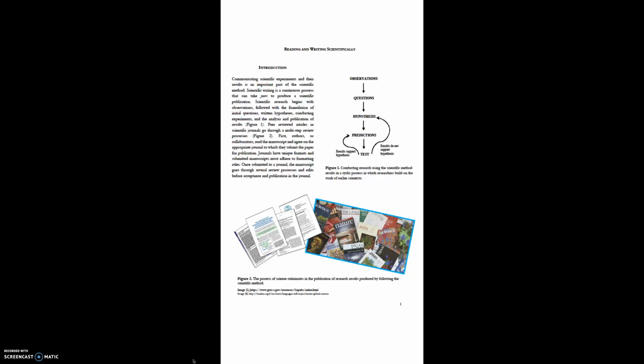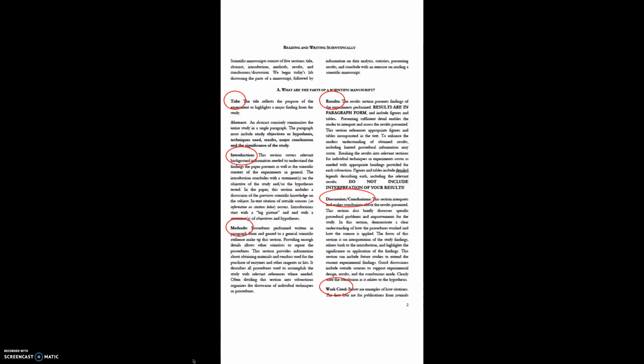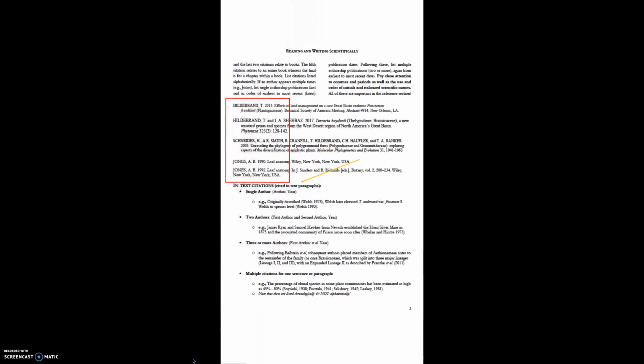Students learn the sections of a scientific manuscript, and that these sections are the title, abstract, introduction, methods, results, discussion or conclusions, and works cited or references. In this course, students do not write abstracts. Examples of citations are included, emphasizing formatting in the works cited section, as well as in-text citations.